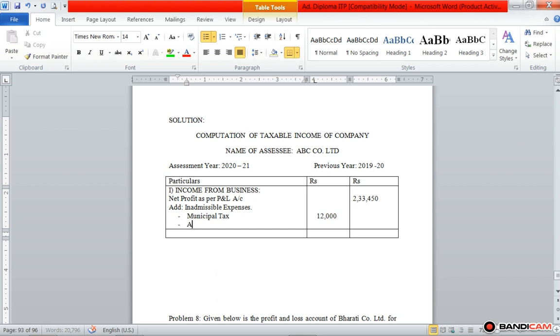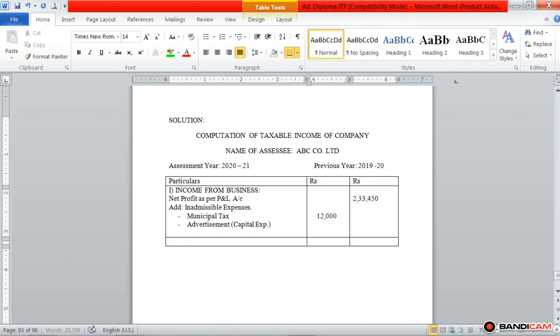So here advertisement (capital expense) amounting to rupees 20,000.